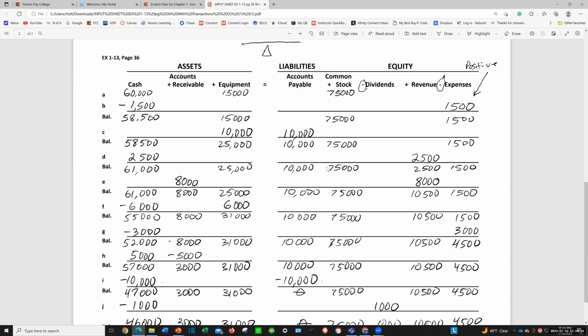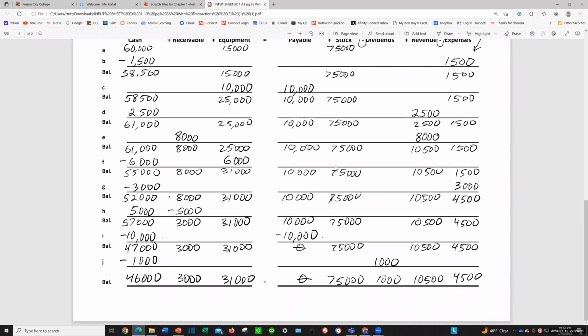Okay. So what do we have as far as the end? The ending balances would be 46,000, 3,000, 31,000, 0, 75,000, 1,000, 10,500, and 4,500.